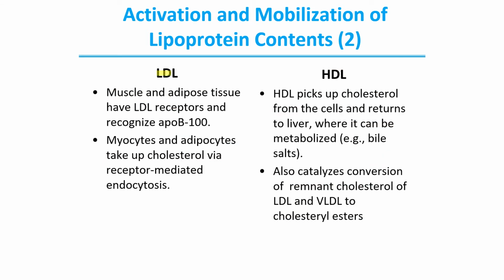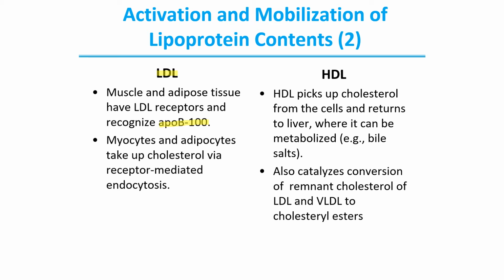So when it comes down to the low density lipoprotein, or the LDL molecules, the muscle and adipose tissues have these LDL receptors which will recognize the protein ApoB100. So this apolipoprotein is important regarding the LDL, ApoB100, and that is what is recognized by the receptors.